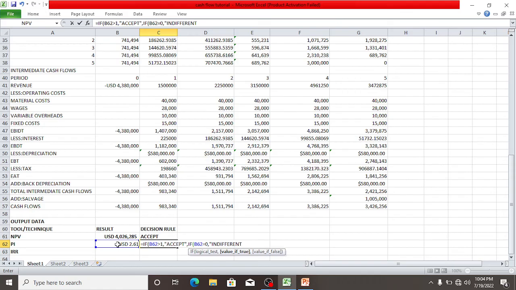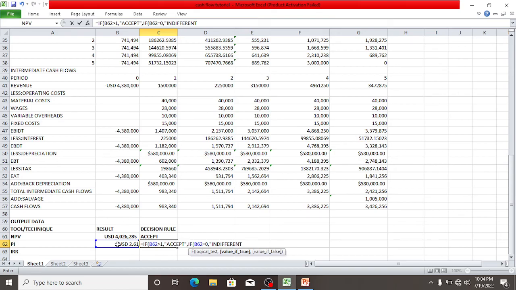Or else you reject. So I'm going to put that decision in quotes. Hope my if statement is clear. Then I'm going to count the ifs I have: 1, 2, and then let me close. An if statement must have an opening bracket and then the closing bracket. Then I hit enter. Here we accept the project.